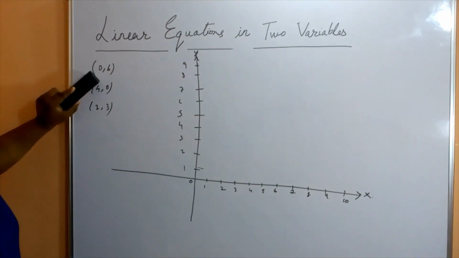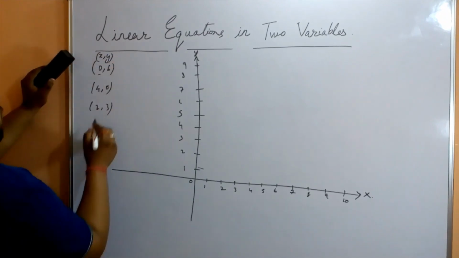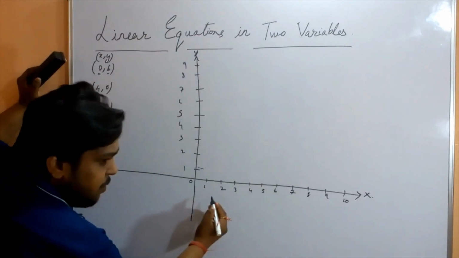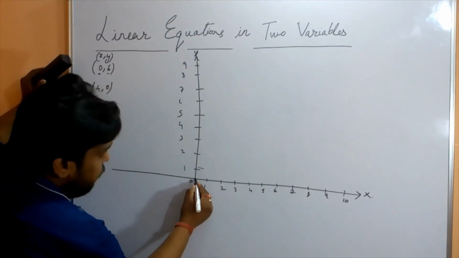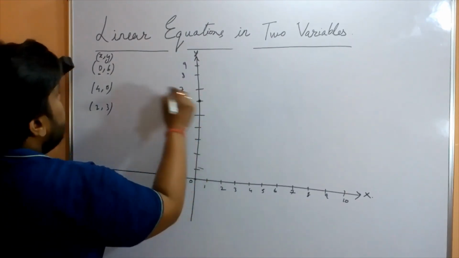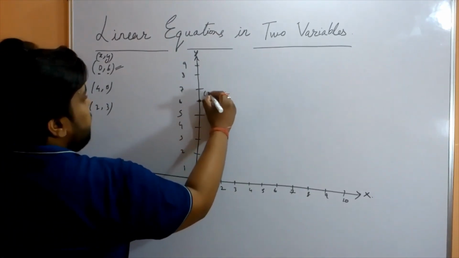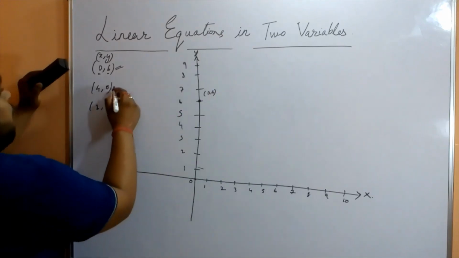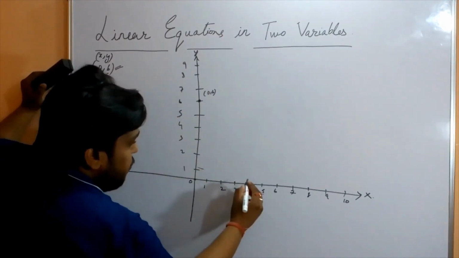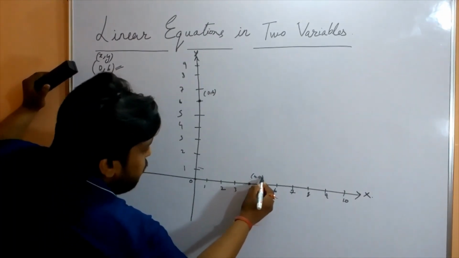Okay, so we know x is 0, in the format x comma y. x is 0 and y is 6, which means this is the location of this solution. We can write here 0 comma 6. Now 4 comma 0: x is 4 and y is 0, which means this is the location. Here we can write 4 comma 0.